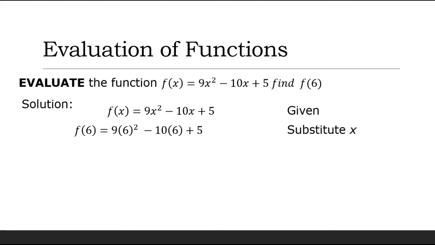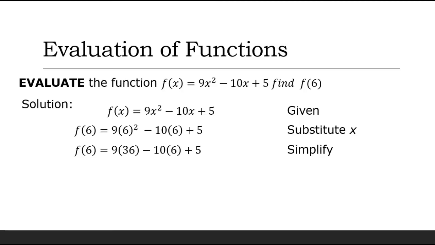So, since we have here a three-termed function, you can solve each independently. Ibig sabihin, sabay-sabay mo siyang isosolve pero magkakahiwalay ng process. For instance, yung 6 squared will become 6 times 6 or simply 36.